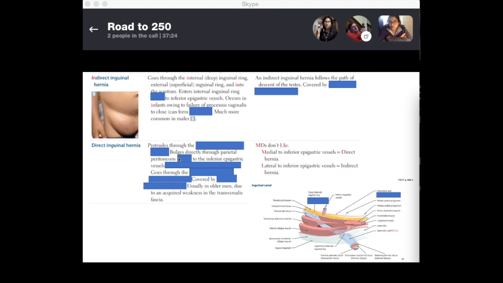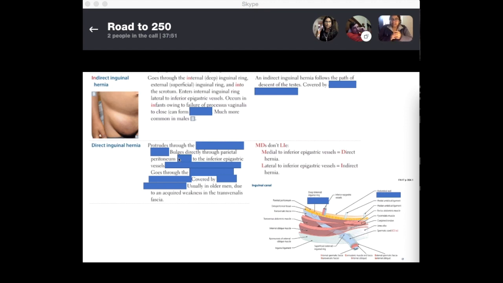It's going to follow the path of the descent of the testes in males. And this will enter the inguinal ring medially or laterally to the inferior epigastric vessels? Laterally. Yes.